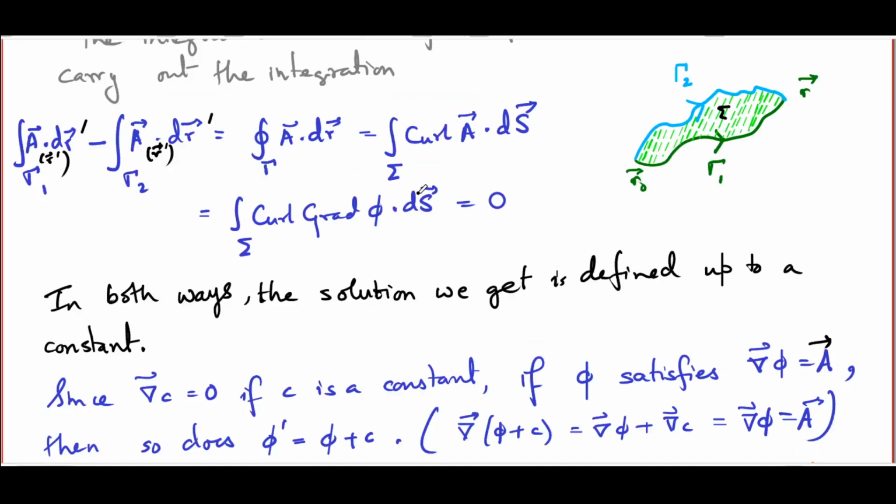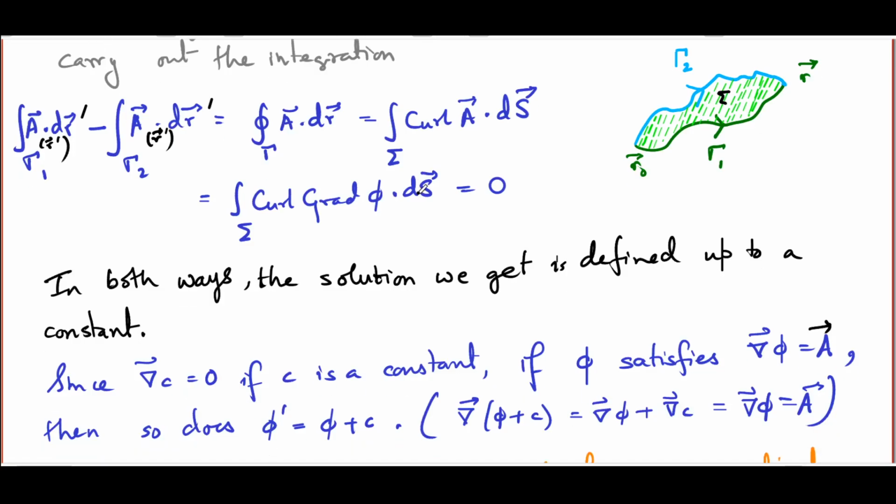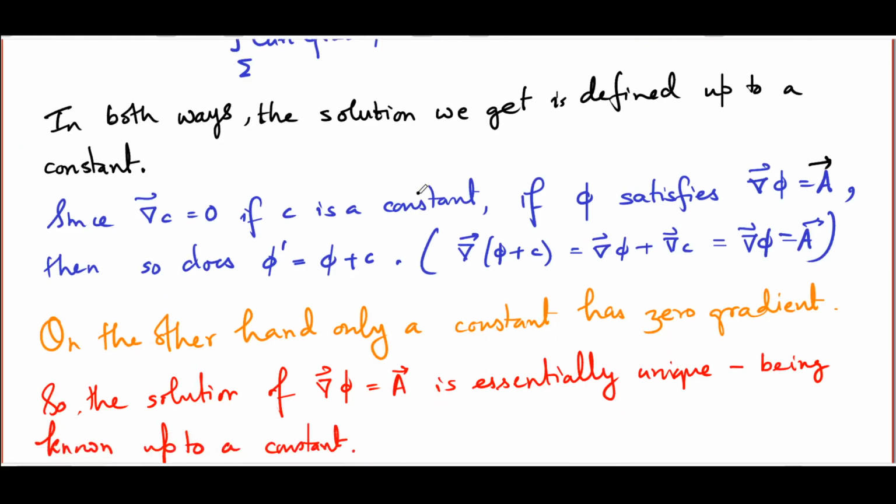It is obvious then that the gradient of phi 2 minus phi 1 will be 0, because grad phi 2 and grad phi 1 are both equal to the vector A. So the phi 2 minus phi 1 you are looking for is actually a scalar field whose gradient is 0.